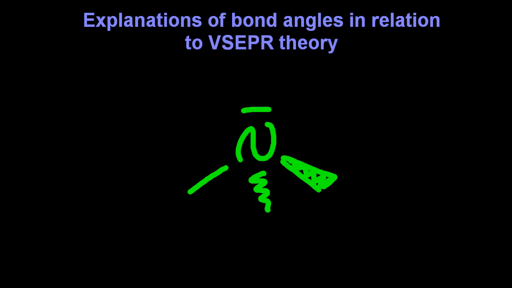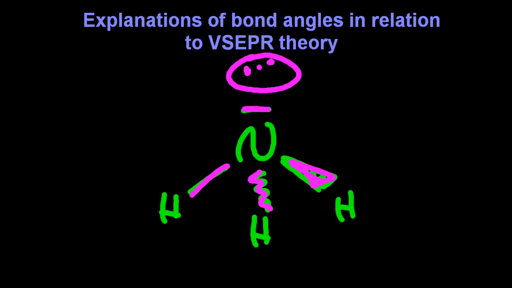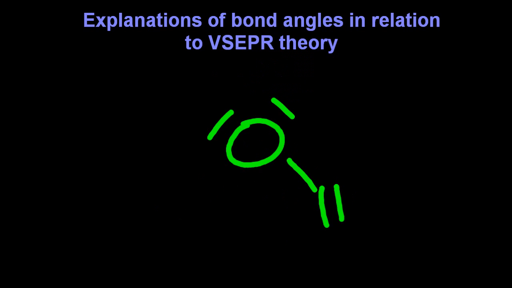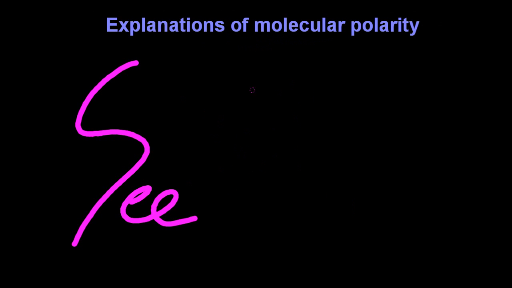Ammonia, again, four charge centers, but that top lone pair is extra repulsive, and it's going to push the electrons in the bonds down a little bit. Oh, that guy is repulsive. And for water, four charge centers, but two extra repulsive pairs of electrons. What's a charge center? I hear you cry. Single, double, triple bond, or a lone pair.